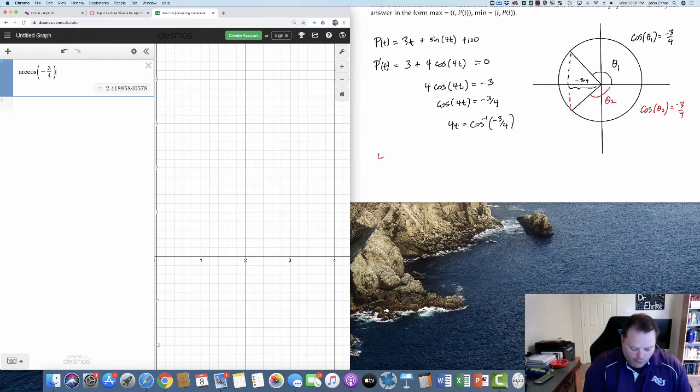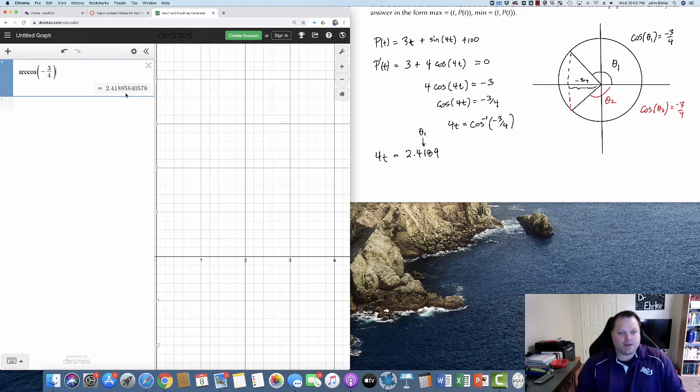So for t, the first value it gives me here is 2.41885. Let me shorten that a little bit, 2.4189. Which of these angles did we find? Pi is 3.14, so we're short of pi radians. So we found the quadrant 2 angle. So 2.4189, that's the quadrant 2 angle. This is our theta 1 angle.